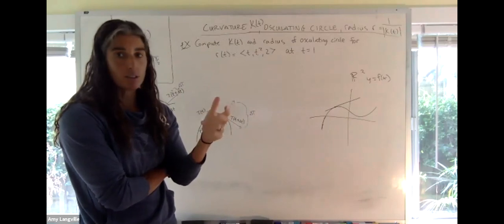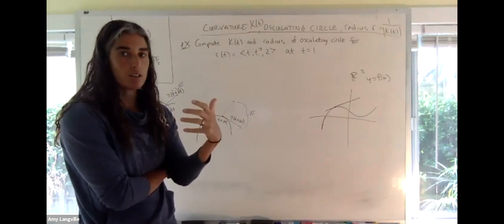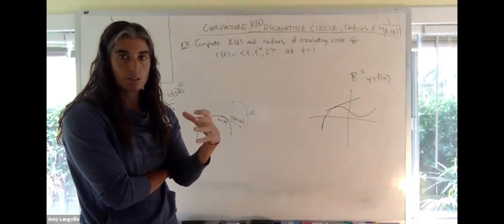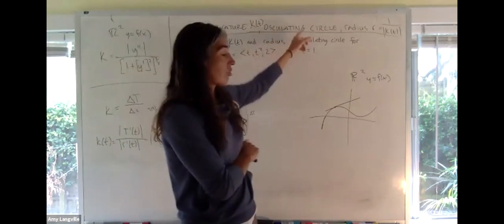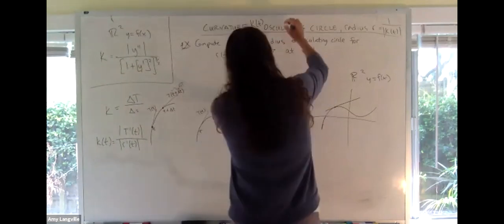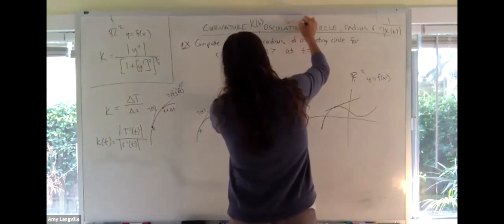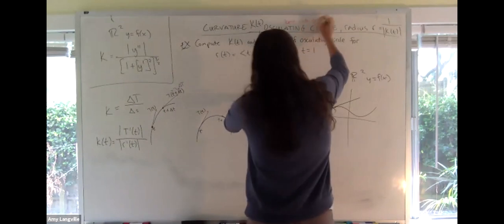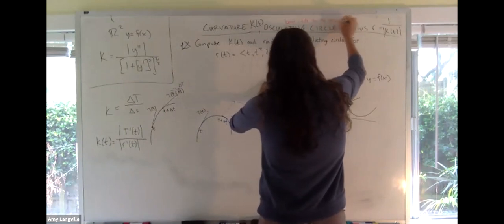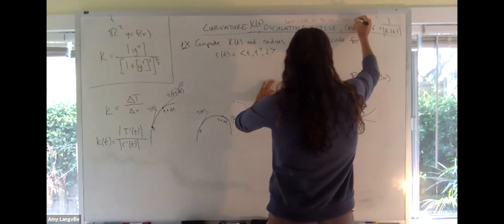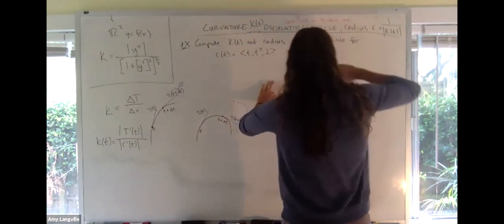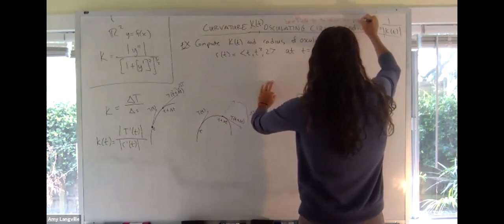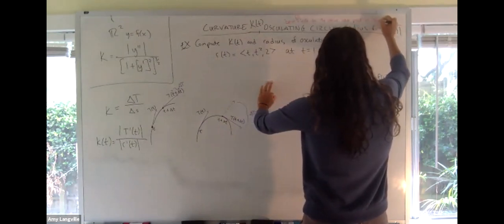So we're approximating a nonlinearity with a specialized type of nonlinearity, a circle. It turns out the osculating circle is the best fit circle to the curve near the point of tangency.